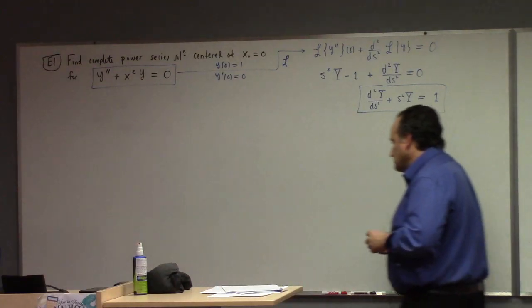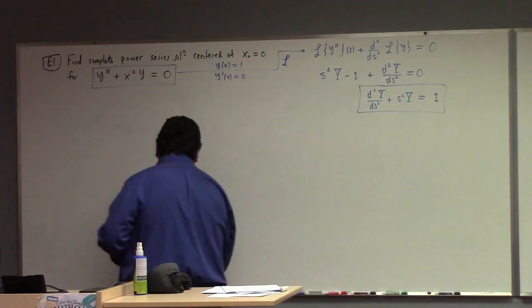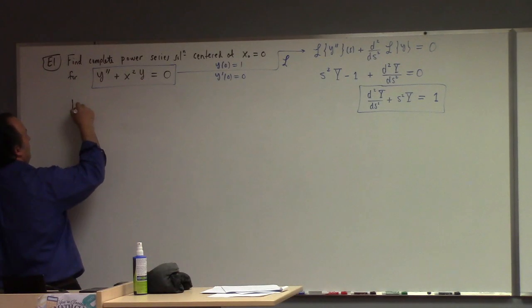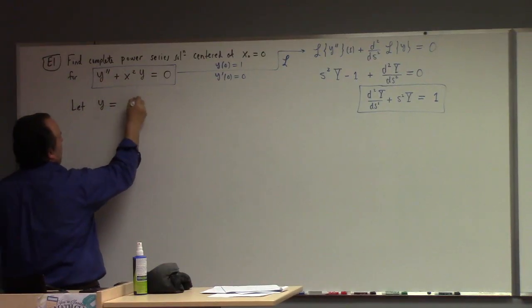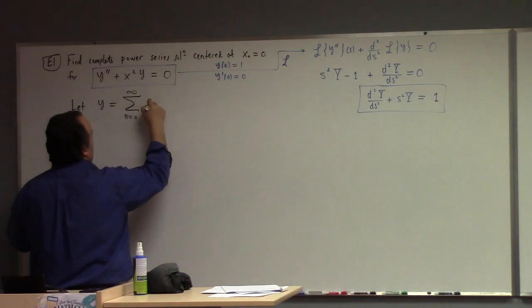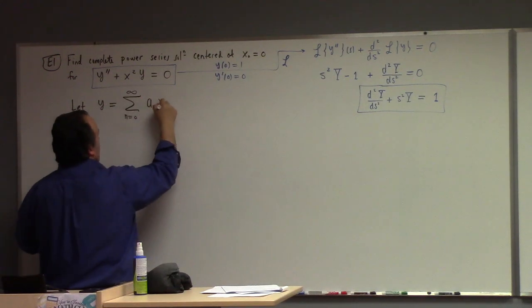So what we're going to do is use the series solution technique. We propose that y is the sum n equals 0 to infinity of, let's say, a sub n x to the power n.